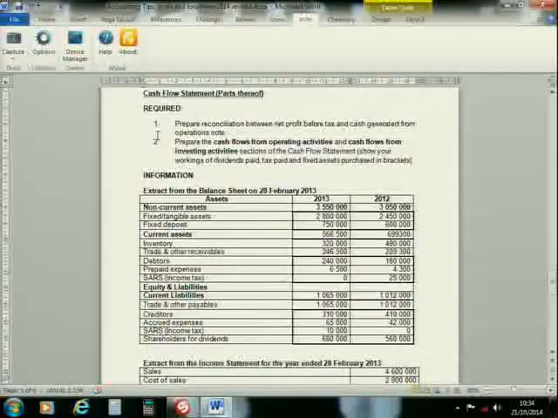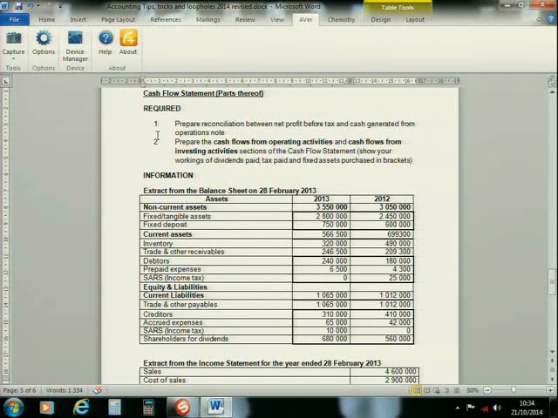You'll have this information on screen, and I want you to prepare this reconciliation between net profit before tax and cash generation from operating activities. Prepare also the cash flow statement, focusing on the operating activities as well as the investing activity sections.